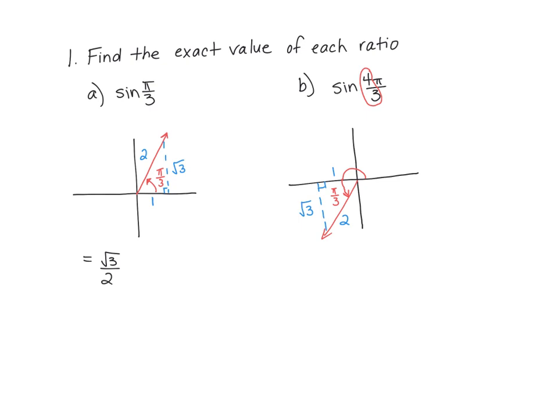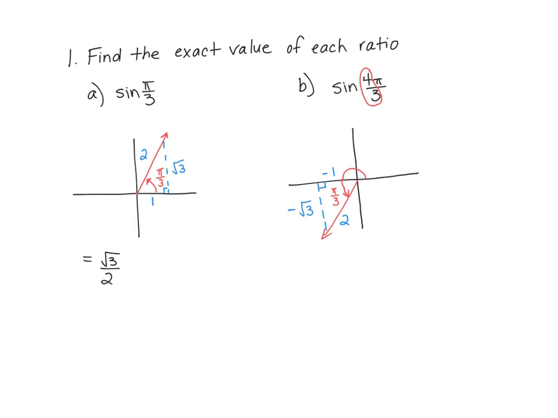Now, the difference in this question that we need to be aware of is we have rotated into quadrant 3. You'll notice the vertical portion of my triangle is below the x-axis. So I'm going down, so it should be a negative root 3. And I'm going across the x-axis to the left of the origin, so that should be a negative 1.